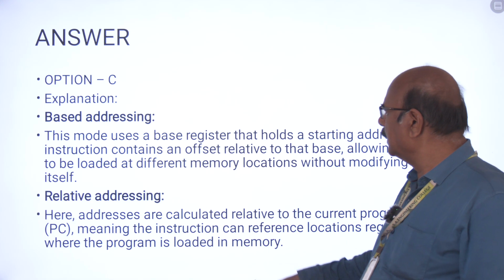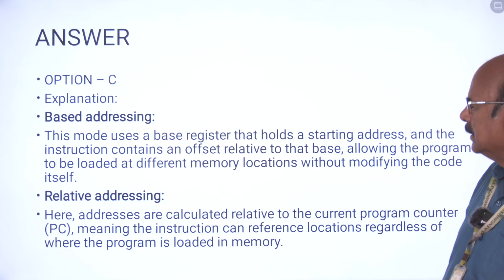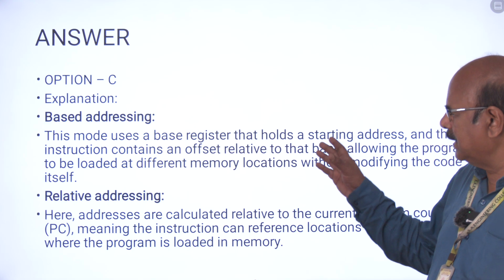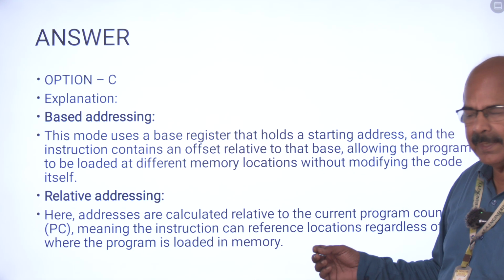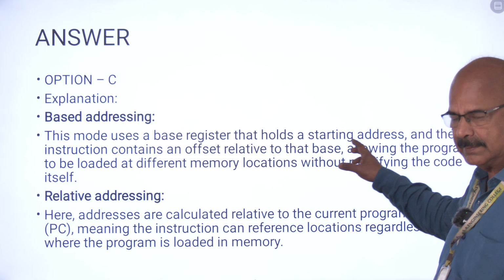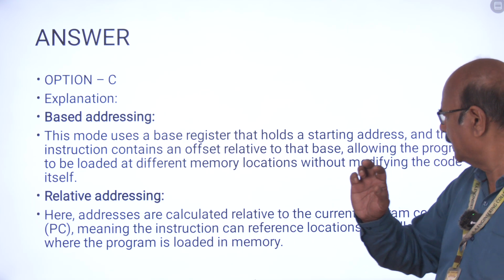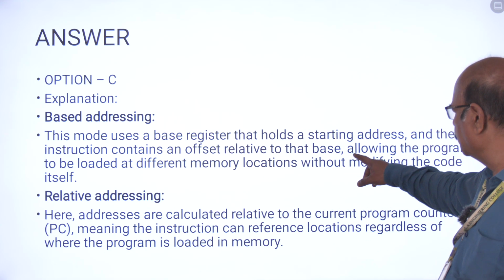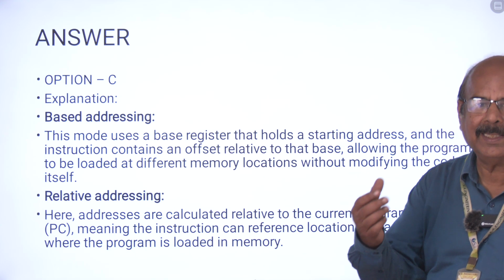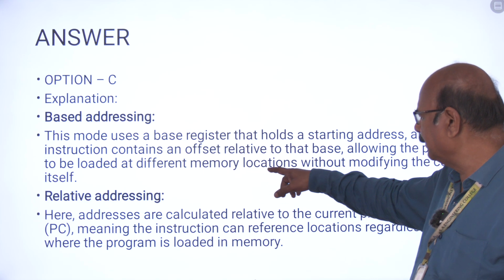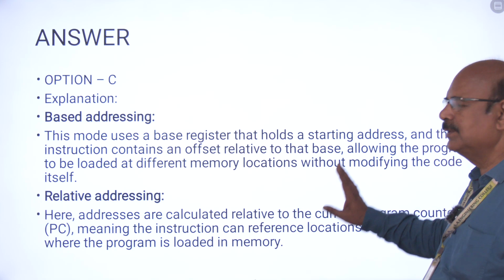Here the option is C, so let us see what the statements are. What is based addressing? This mode uses a base register that holds the starting address, and the instruction contains an offset relative to that base, allowing the program to be loaded at different memory locations without modifying the code itself.